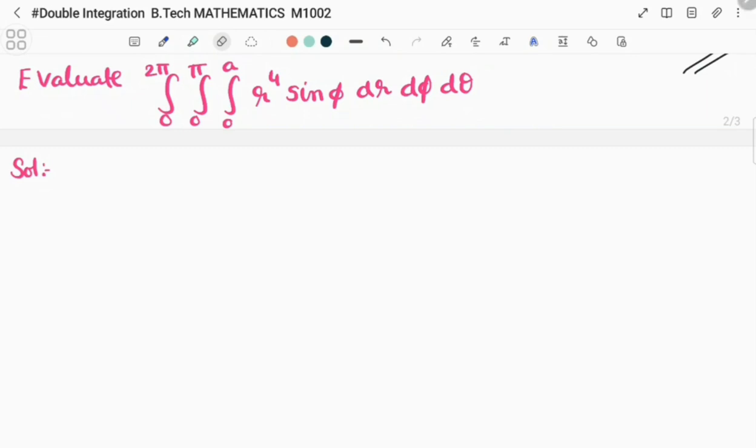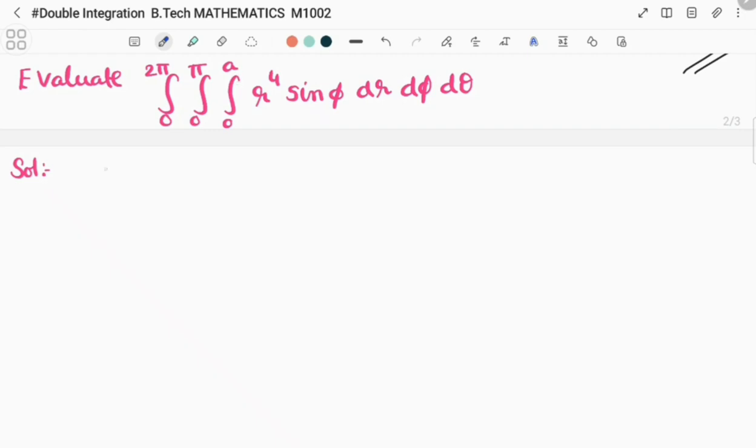Here, observe carefully, dear students, dr, d phi, d theta, and observe the limits also. 0 to 2 pi, 0 to pi, limits in terms of angles are there, no? So for the first two integrals, compulsorily d theta, d phi you can consider. And 0 to a is there, no? Compulsorily in terms of r only we can take it. Why? Because these are not angles.